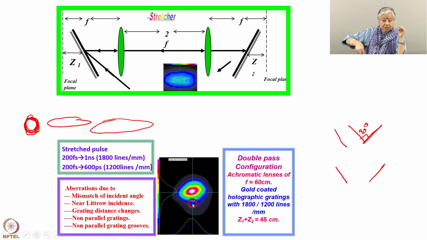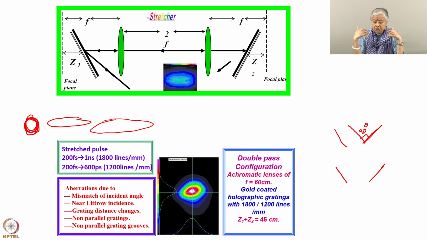Now, this spatial cross section, this is an actual beam taken from the laboratory, and you can see it is not actually round, there is some ellipticity remaining here, but this is the best that could be done. Okay. So, inherently the two gratings together, the stretcher on the whole, gives you an ellipticity which is involved.